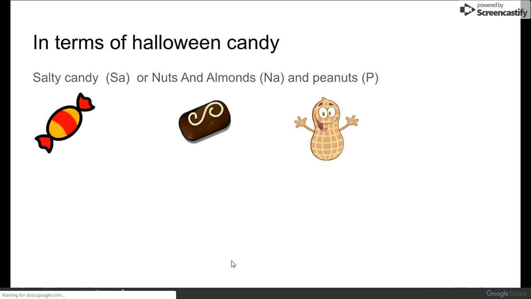Let's look at this in terms of Halloween, since it's literally Halloween today. Your mom is going to make loot bags, and the loot bags are going to consist of salty candy, nuts and almonds, and peanuts. Lo and behold, S-A-N-A-P.